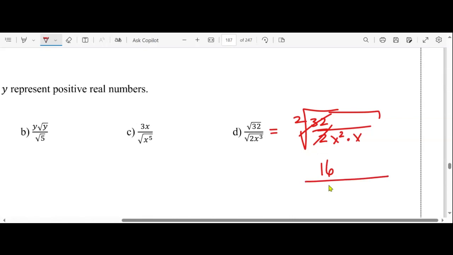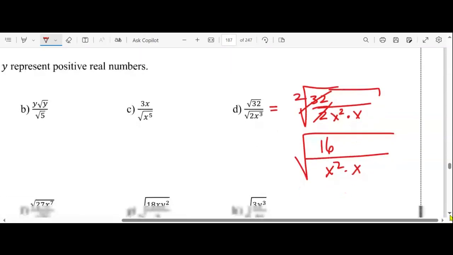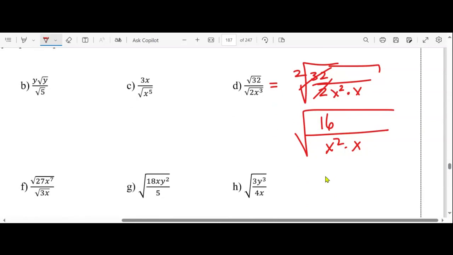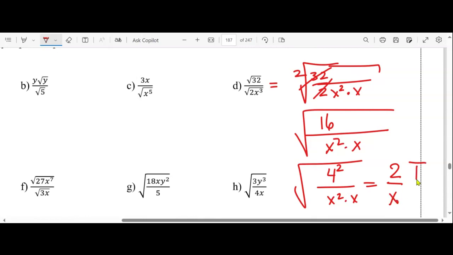And x squared goes outside, becomes x, correct? Is this clear? 16 is 4 squared, right? Over x squared times x. If you take this outside, it becomes 4, right? And in the bottom, x. What's left there? 1 over the square root of x.